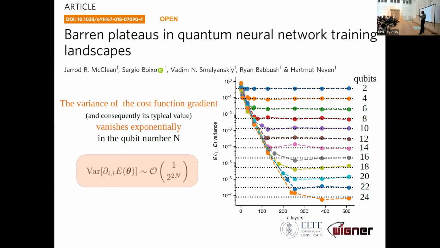Okay, and this is a problem because you don't even know into which direction you would like to look for the optimal value in the parameter space. And this is happening already at medium-sized scales. You don't need to scale it up to billions of parameters. You are experiencing these problems already at quite small scales.